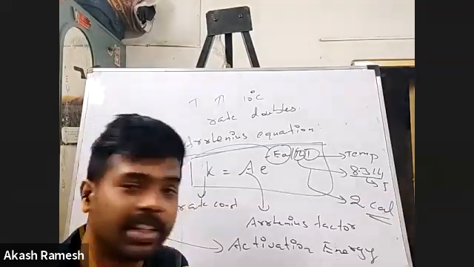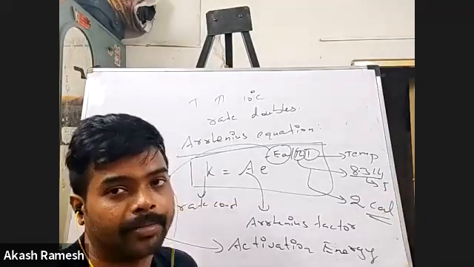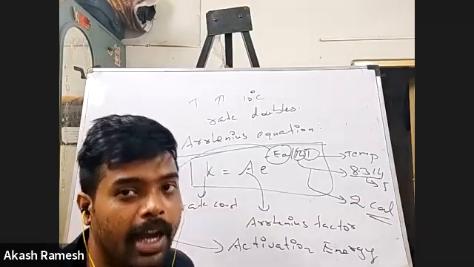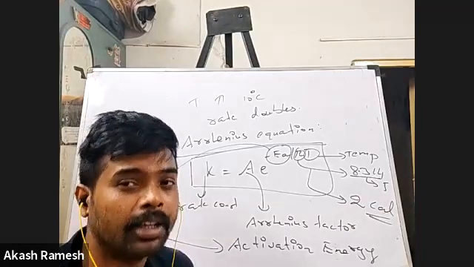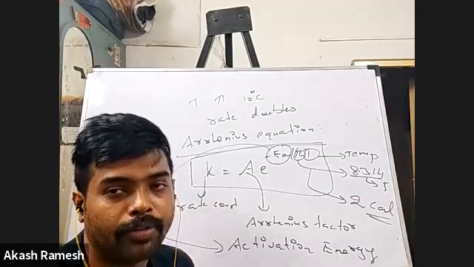So activation energy is the energy barrier which has to be crossed by the reactant molecules to form the activated complex, and obviously from the activated complex I go for product formation.